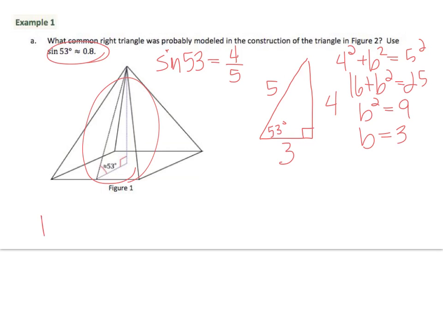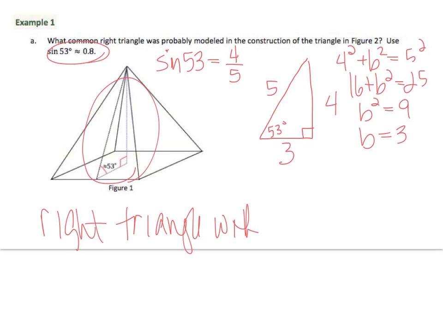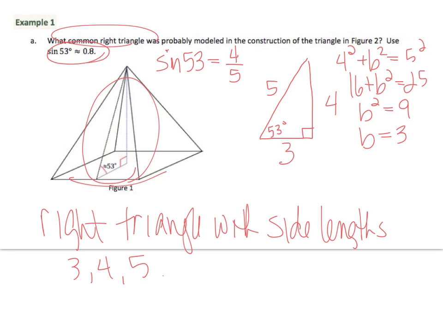So it's actually called a right triangle, sorry, it has a pyramid name too, so it obviously is called a right triangle, with side lengths 3, 4, 5. So that's the common right triangle.